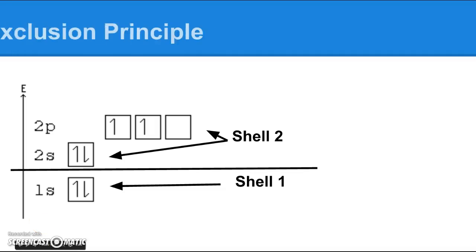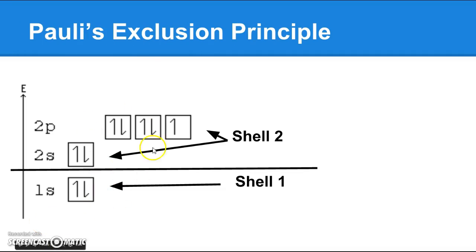Now the Pauli exclusion principle is related to this, but different. So electrons have a spin. Spin is some quantum mechanical function of it, and it is a lot more difficult than I can explain to you, but let's just call it up and down. So as they go, you can't have two up electrons with the same spin.